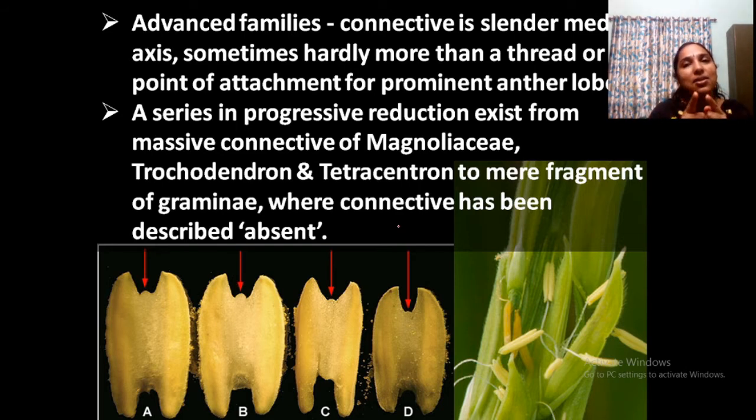From that type of anther connective, it is gradually reduced and becomes very narrow, very thin, a very thread-like structure, just an attachment to the middle part of the anther, as occurs in the Gramineae. So, see the evolutionary trend in the connective. Clear? So, sometimes you can say this connective may be absent in the Gramineae. You cannot differentiate the connective here. You can see only the filament here.